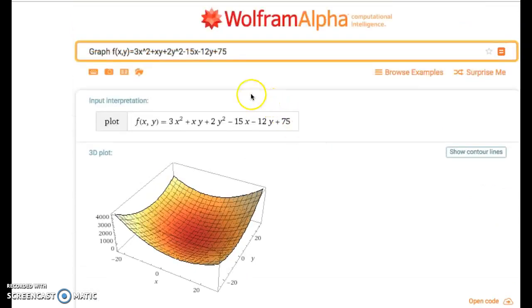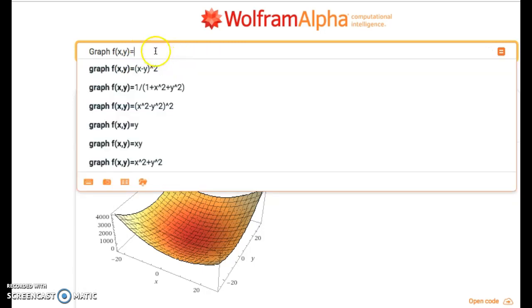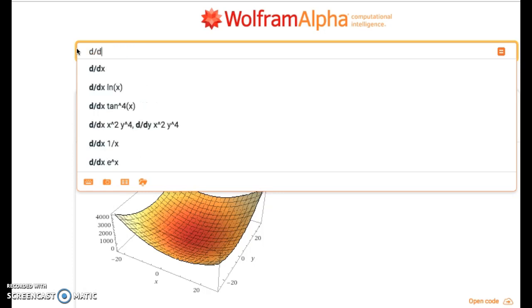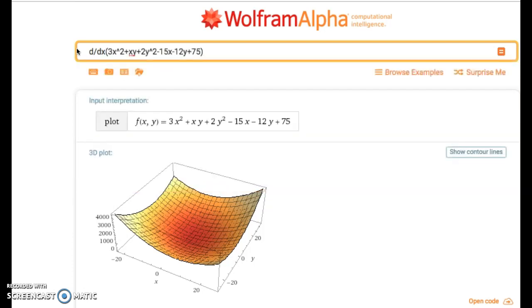Now, if we want to take this function and locate where the different derivatives are zero so that we can find the critical points, I would go ahead and copy that function, and I would say the dx of this function.